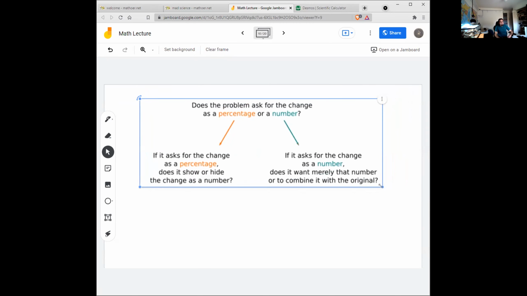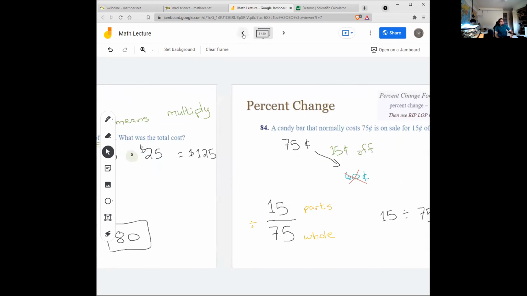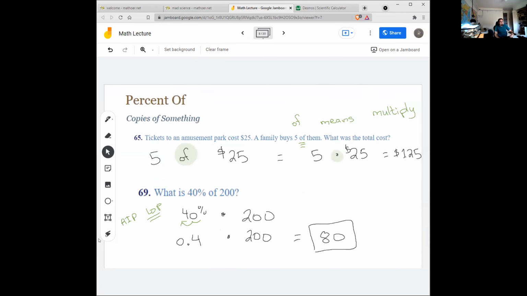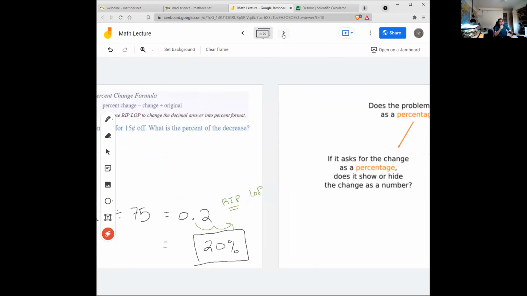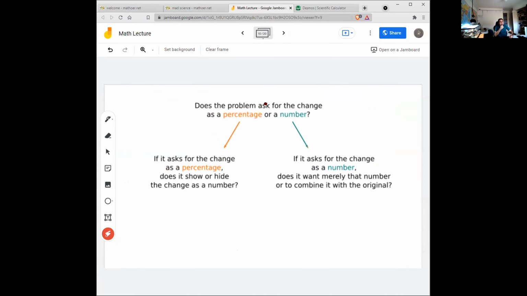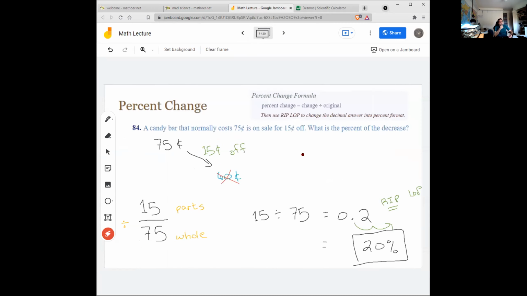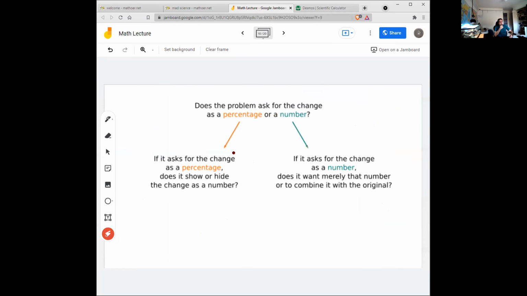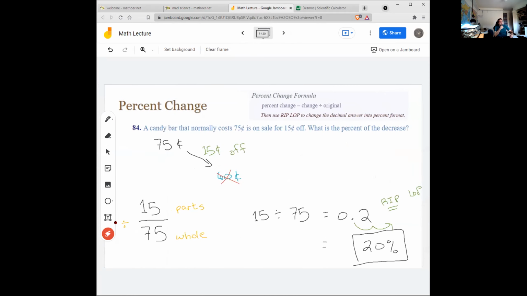So what we looked at first was the problem said, I want... Does the problem ask for the change as a percentage as a number? If it wants a percent, like we just did, then does it show or hide the change as a number? In this case, it showed us the 15, but if they hid it, like Journey said, and gave us the new price, then we'd have to subtract.